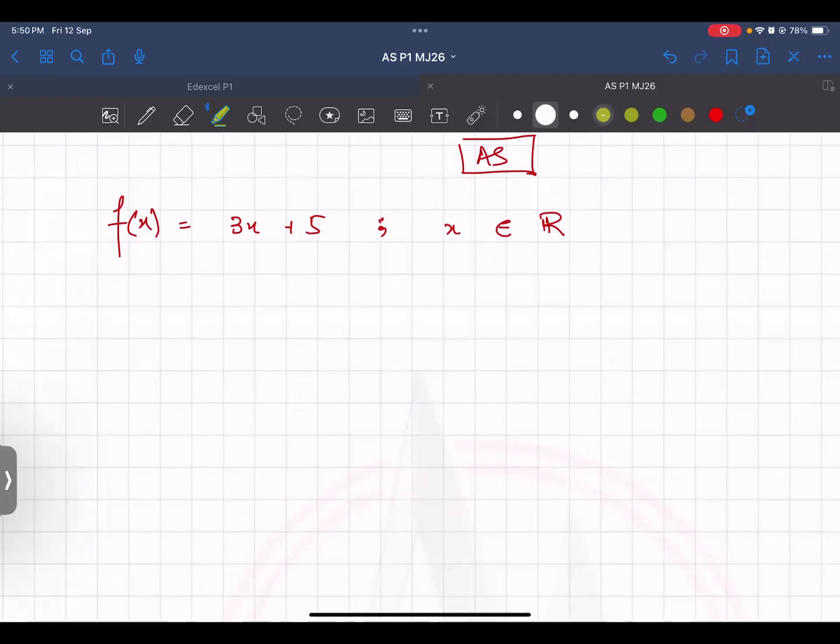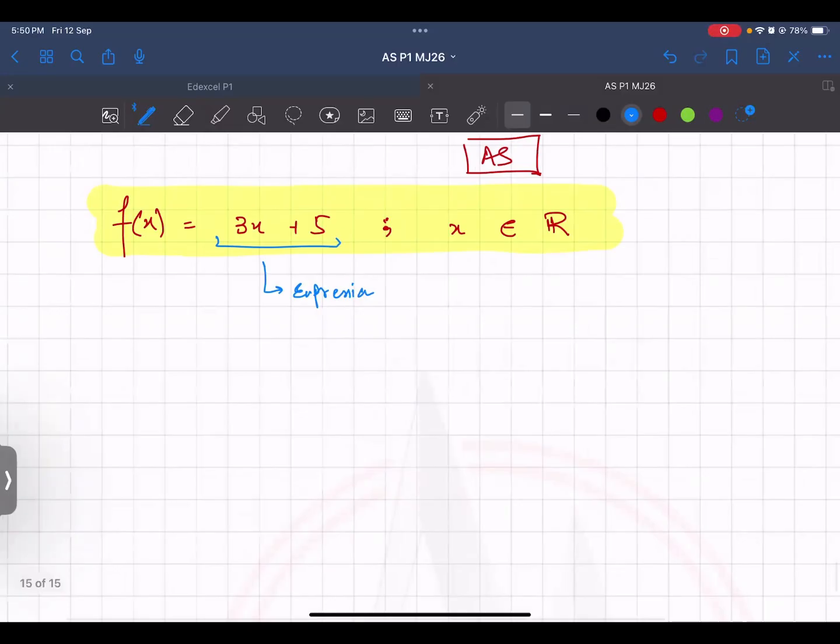It has now everything that is needed to define a function. It has the name of the function f, it has the input, it has the expression, this is the expression, this is the name, x is the input, and this f(x) is the output as well.